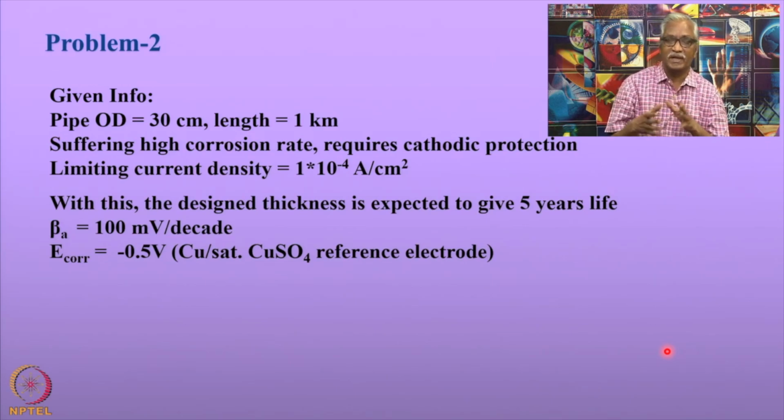Of course, in addition to that there is also the water reduction reaction, but the driving force for the oxygen reduction reaction is quite significant compared to the driving force for the water reduction reaction.